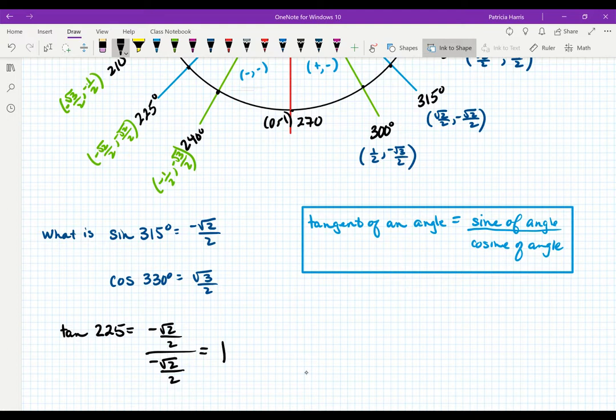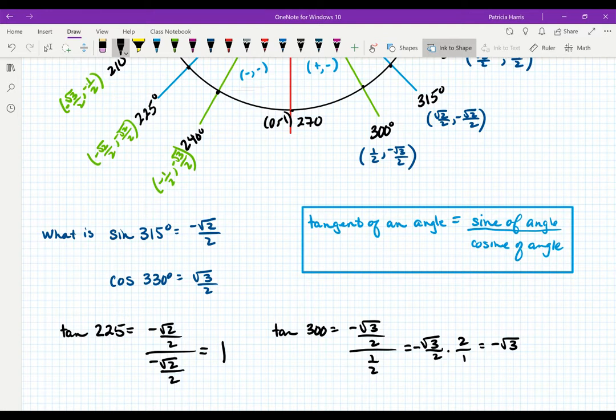Let's try another one. Let's do tangent of 300. Sine over cosine: negative radical 3 over 2 divided by 1/2. Simplify your complex fraction, and you get negative radical 3.